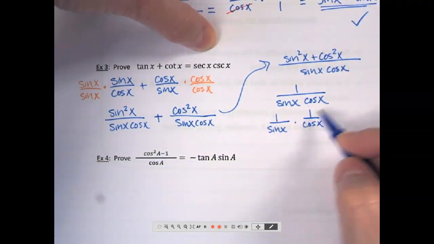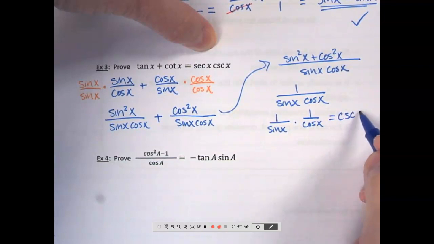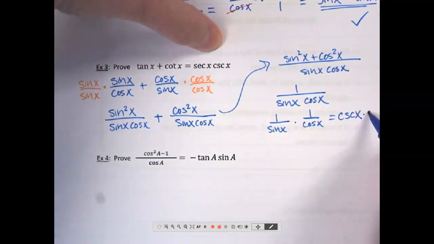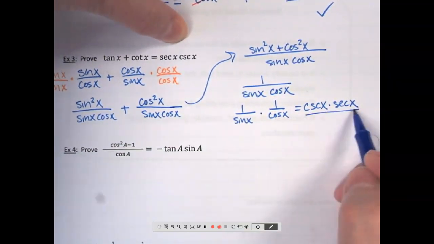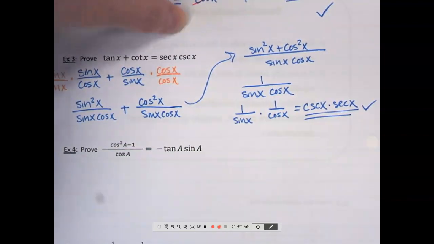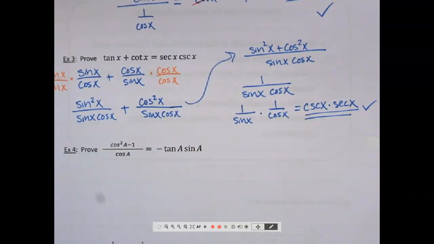Well, 1 over sine is cosecant, and 1 over cosine is secant. Now, it doesn't matter which one I write first because multiplication is commutative. So there we go. I produced what was on the right-hand side. Question on that?